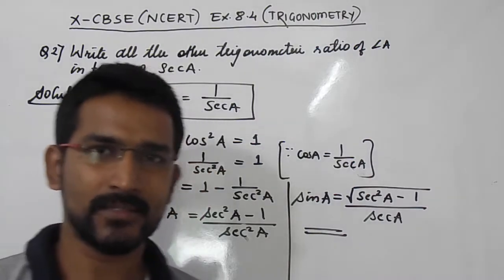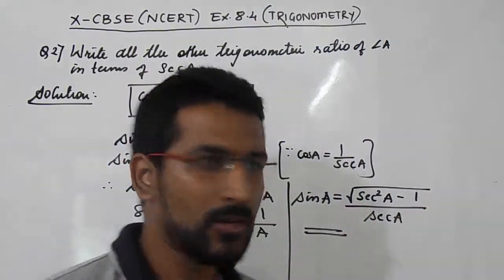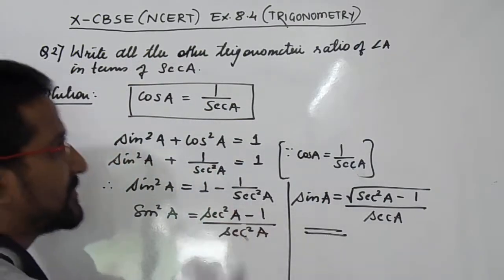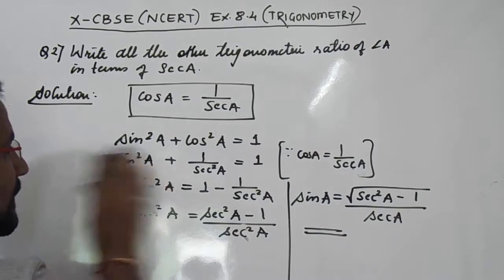Now next, if we got the sin, we can get the cosec also. So what will be cosec in terms of sec? We'll just take the reciprocal of this.